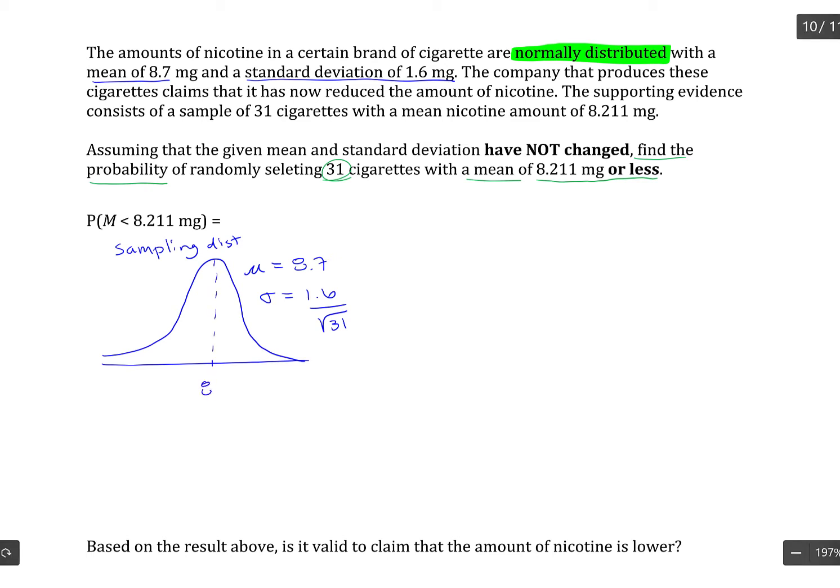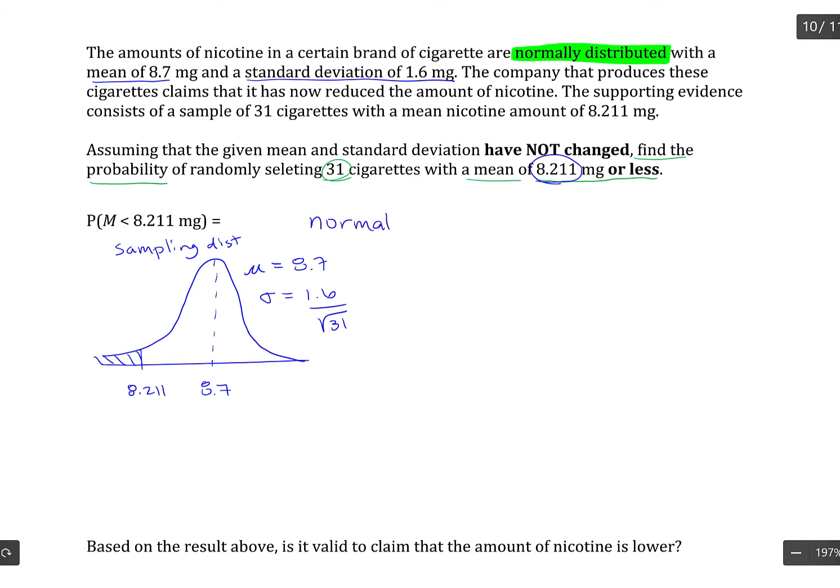The mean is still located right in the center of the distribution. What I'm looking for is the probability that the mean is 8.211 milligrams or less. So that is somewhere down to the left, and we want that or less, so I'm shading to the left.